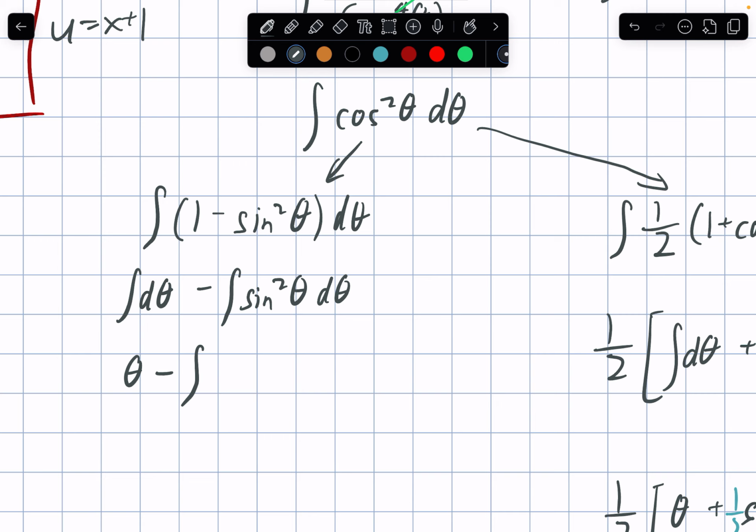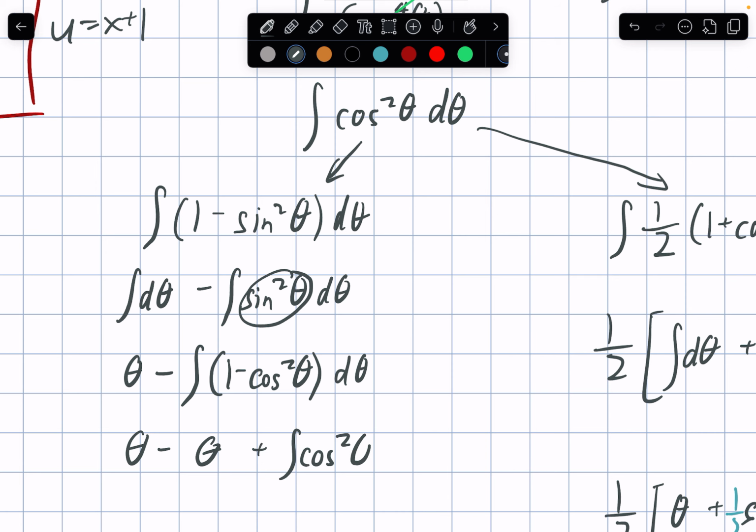So if you use a tool, this one is technically equal to this. It's essentially pointless. Let me show you. Integral of d theta is just theta plus integral of cosine theta.